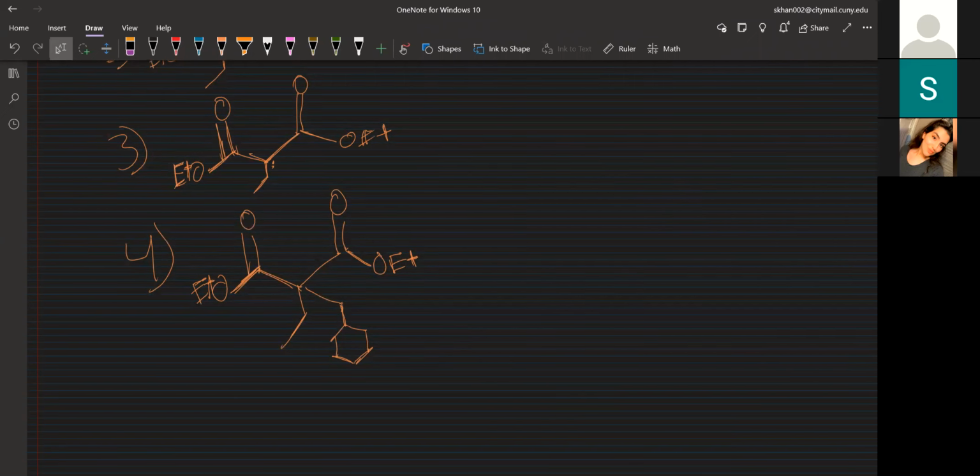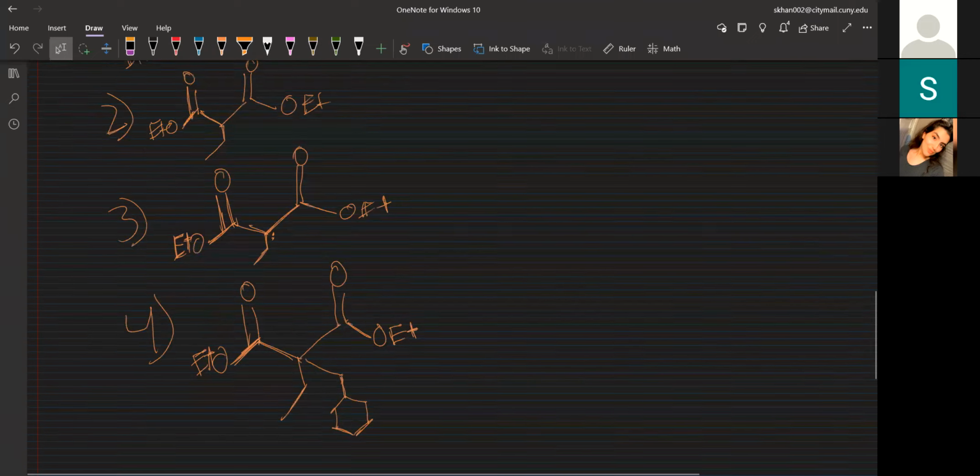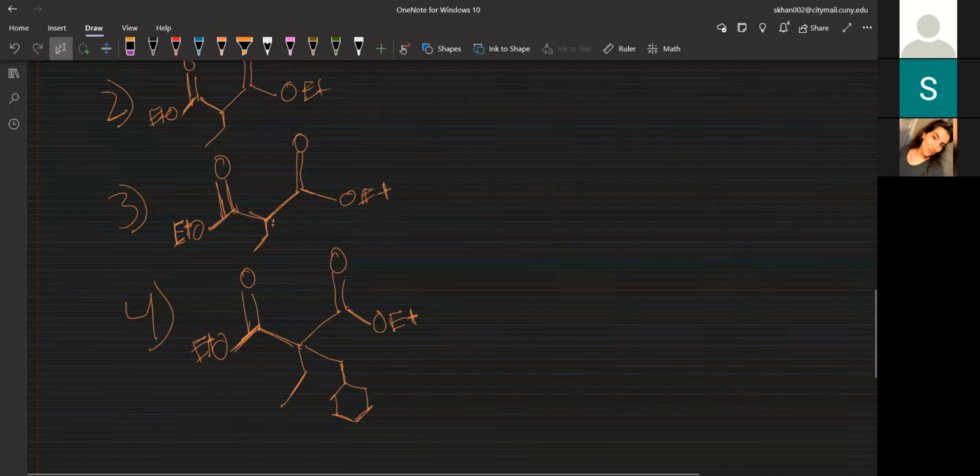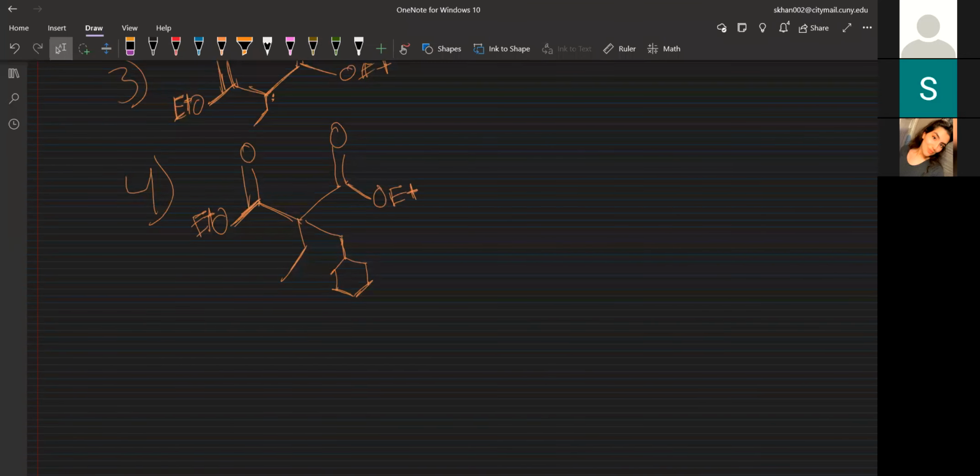Now the 5th step, which is H3O+. What does that do when you have ester groups and you introduce them to acid catalyzed conditions? It's going to turn both into carboxylic acids.